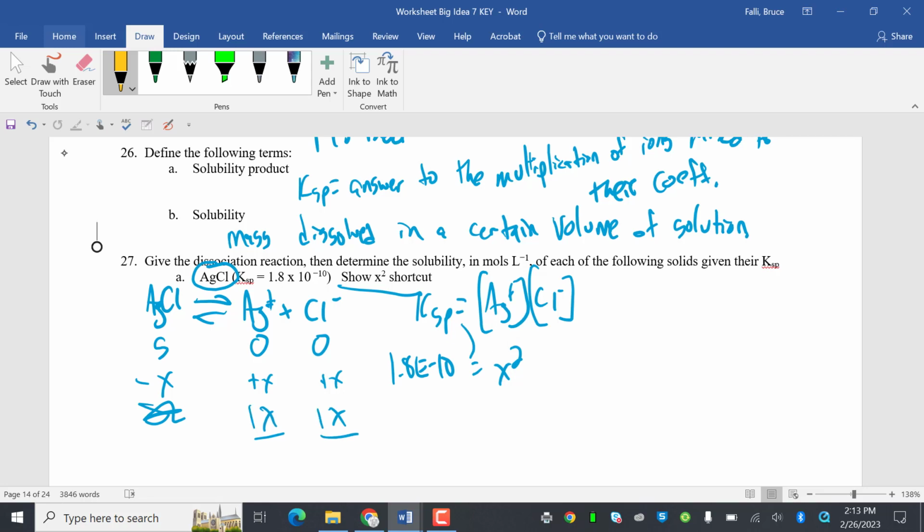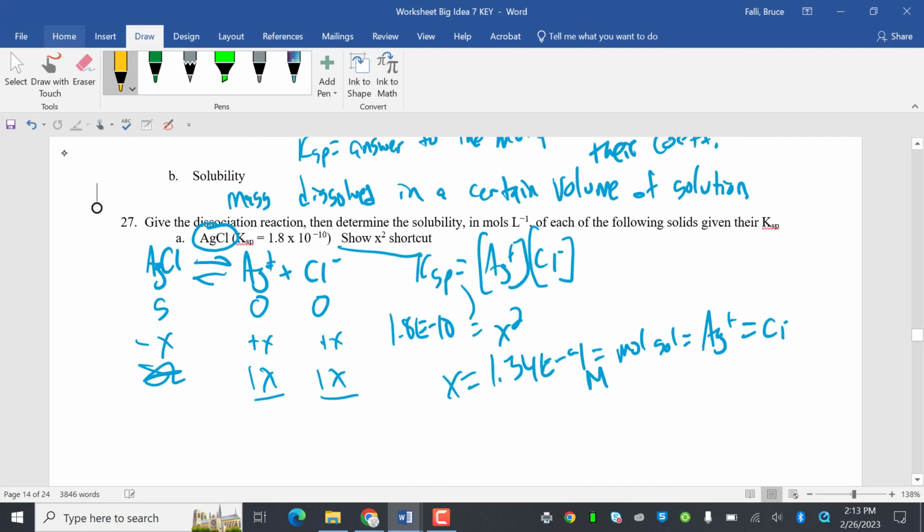So I square root 1.8 e negative 10, and x equals 1.34 e negative 5. I always label what that is: that's molar solubility. And it also equals Ag positive, and it also equals Cl negative.